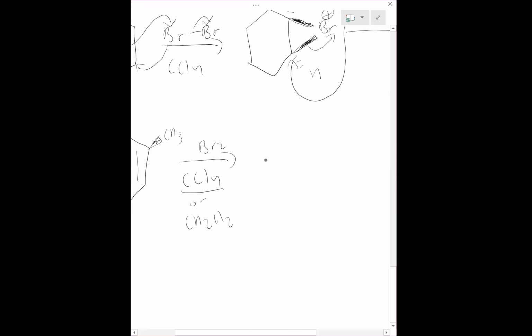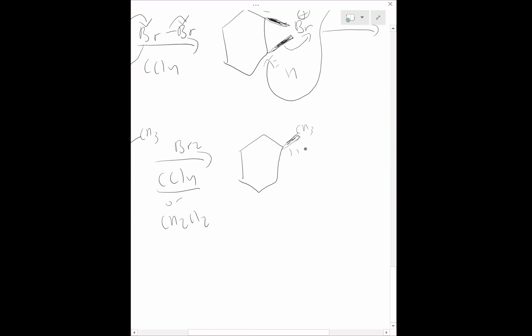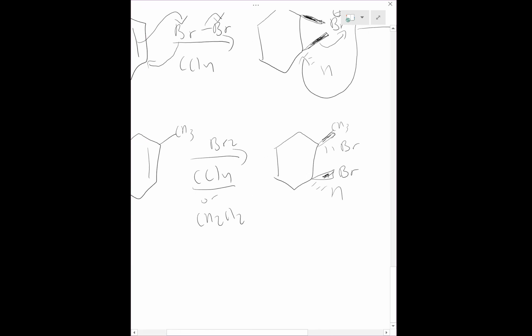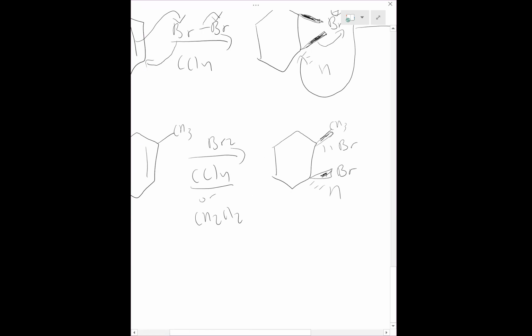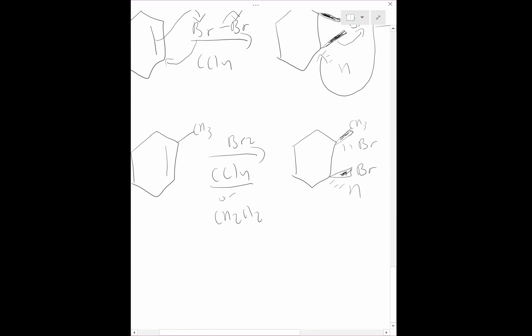And then that gives you, oh sorry, there's no stereochemistry because of the double bond. Then it becomes stereochem. So notice all that happens here is that you add one Br on each side of the double bond, and they're anti.